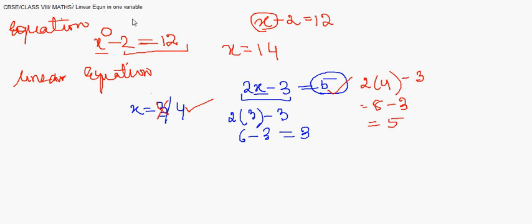Let's try another one on this same note. I'll write the equation first. It says (5x minus 4) by 8 minus (x minus 3) by 5 equals (x plus 6) by 5.